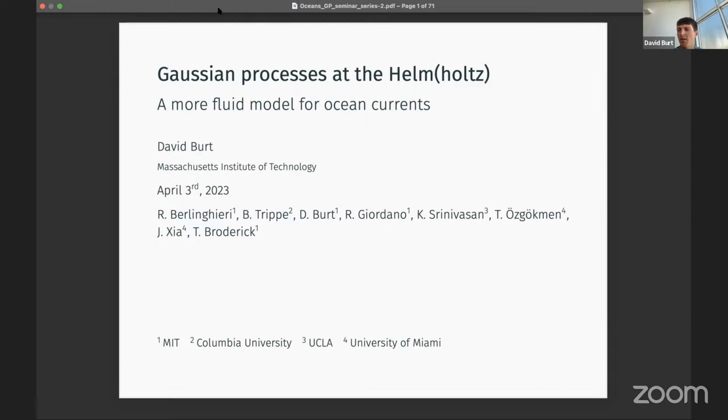So today I'm going to be talking about modeling of ocean currents using physics-inspired kernels. In particular, I'll talk about recent work using the Helmholtz decomposition together with Gaussian process regression to predict currents, as well as to identify upwellings and downwellings in the ocean based on sparse buoy observations.